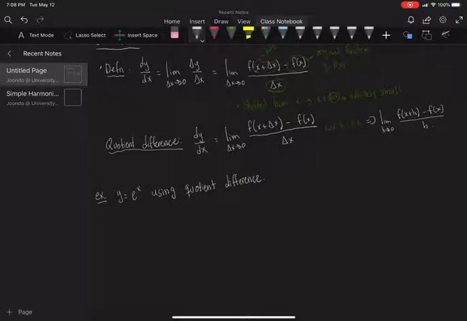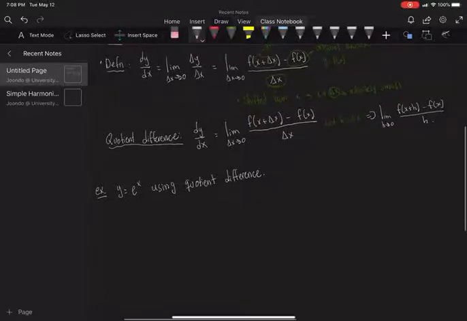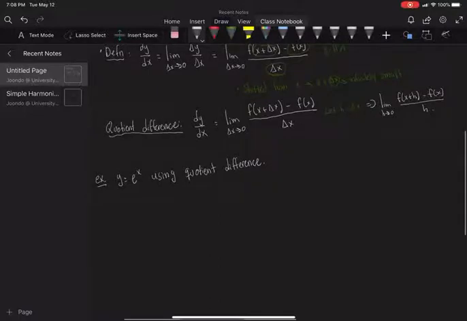So where do we start? Well, we start with this. We have to find f of x plus h. f of x plus h is e to the x plus h, and f of x, which is y in this case, is just e to the x.